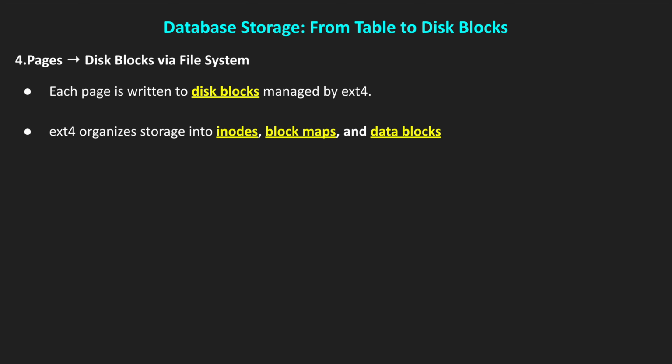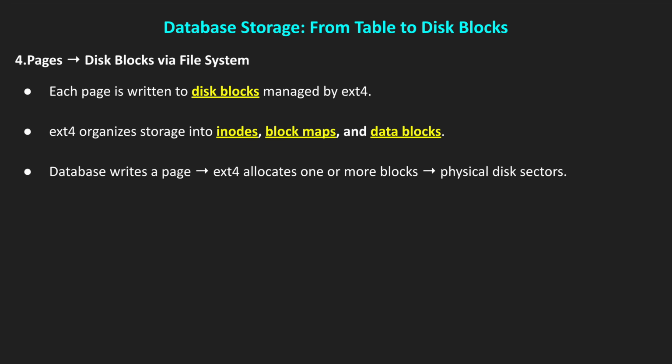If you haven't seen my previous video, I put into detail how exactly we store inodes, block maps, and data blocks in the file system. I would advise you to watch that video first, and after that it will be clearer what inodes and block maps mean in terms of the file system.